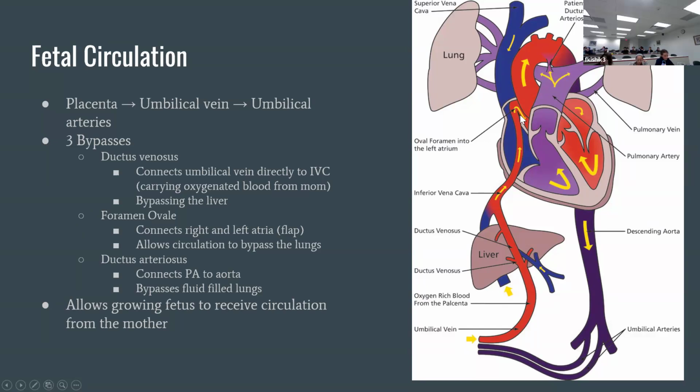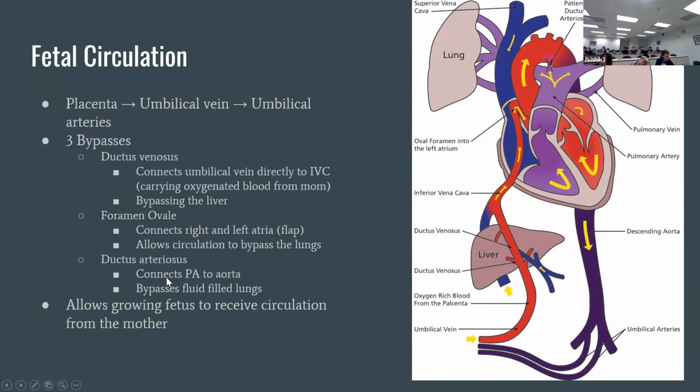There's a communication between the two atria called the foramen ovale. This connects the right and left atria via a little flap and allows the circulation to bypass the lungs. So we basically aren't really using the whole right side of our heart, and we're not using the lungs, we're not using the liver. So through the foramen ovale, the circulation goes out through the left ventricle and into the aorta and perfuses all of the organs of the baby.